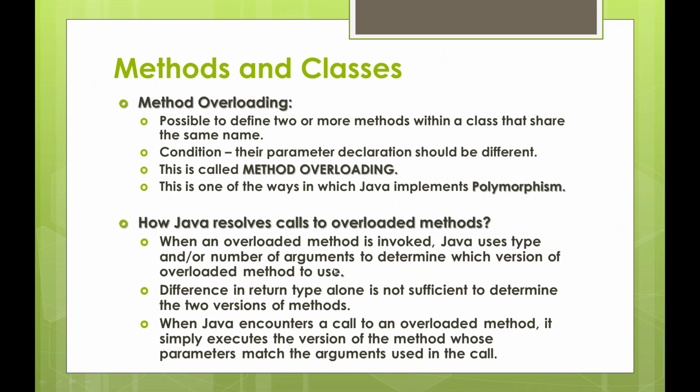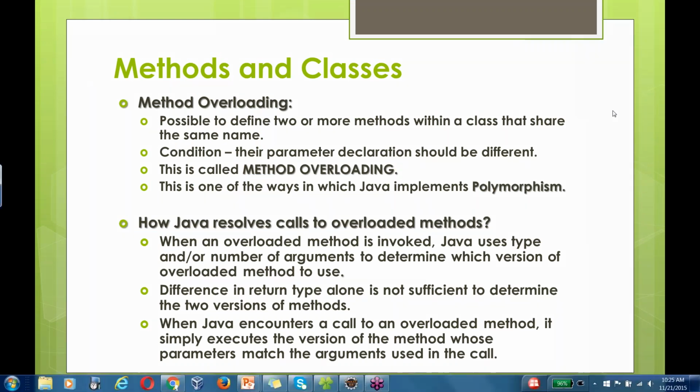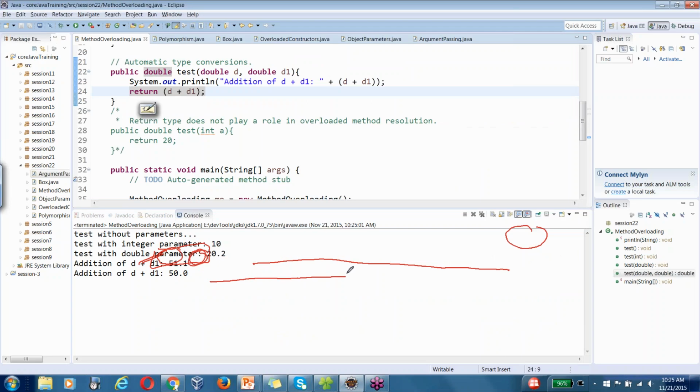So let us try to understand how exactly Java resolves these methods. When an overloaded method is invoked, Java uses the type and/or number of arguments to determine which version of the overloaded method to use.